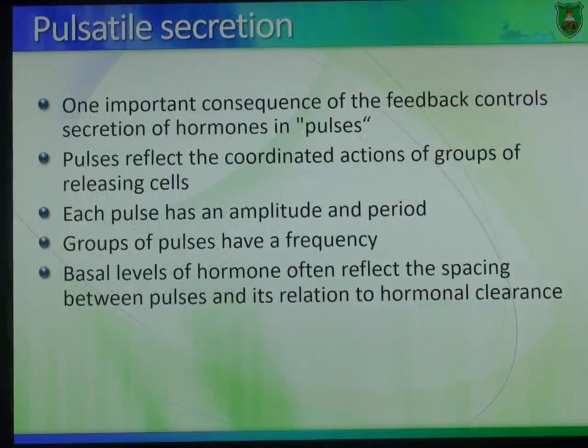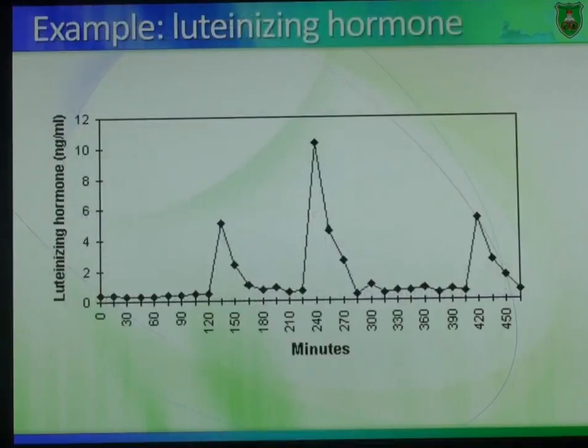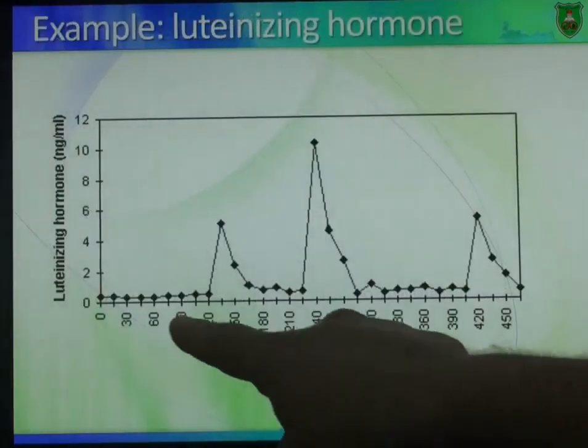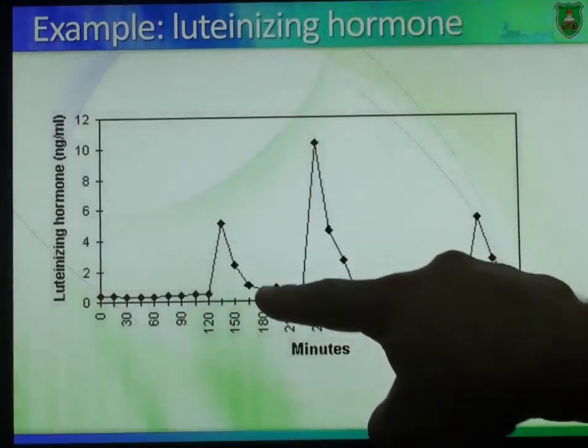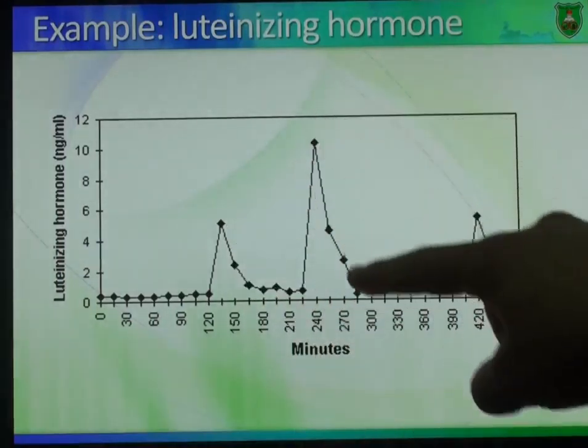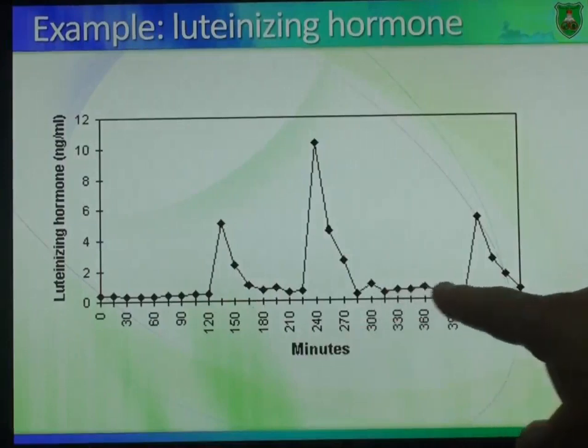Now, this is an important concept right here, which is the release of hormones is actually not continuous. Rather, it occurs in pulses. Okay? And this is really important. So, like luteinizing hormone, for example, you have production of this hormone, it peaks, and then it goes down. And then it peaks again, and it goes down at different time points.